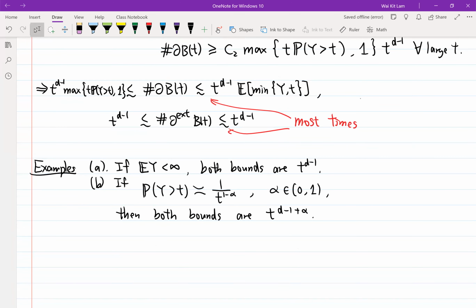So basically, there's only one reason that this can happen, which is that there are many holes in the boundary when you have a heavy tail distribution. So there are lots of holes.